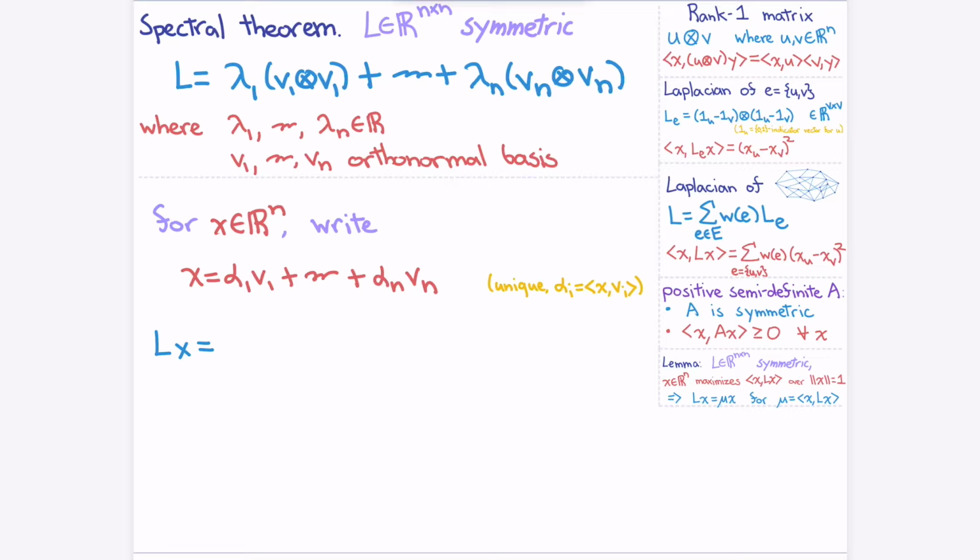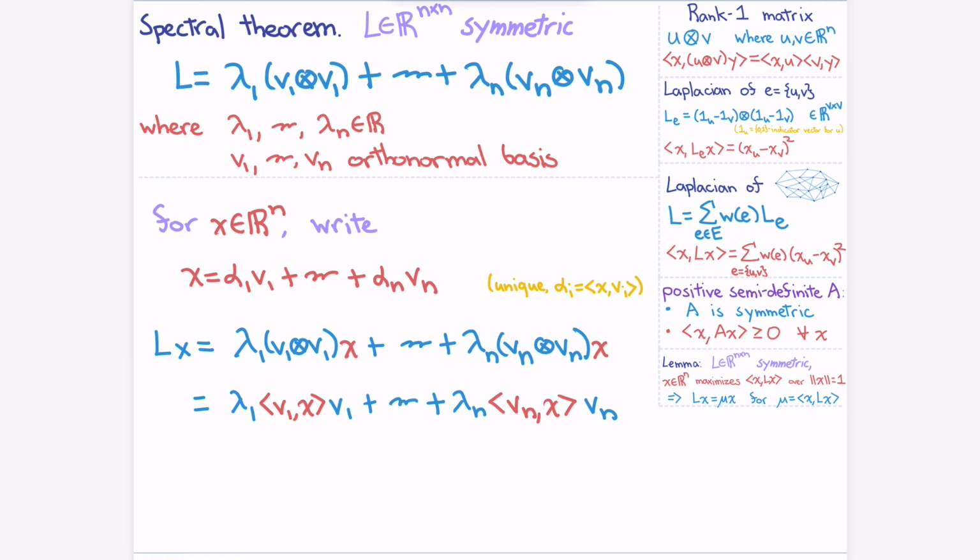So, just substituting in this big lambda expression, now let's apply each of these terms. This is just what the outer product does. You take the dot product of v1 and x, and it goes out in the direction of v1. This takes the dot product of vn and x and goes out in the direction of vn.